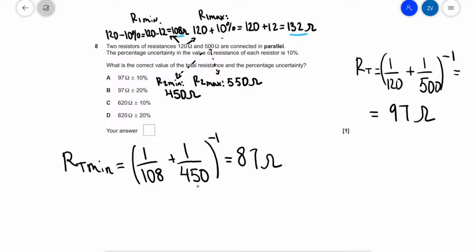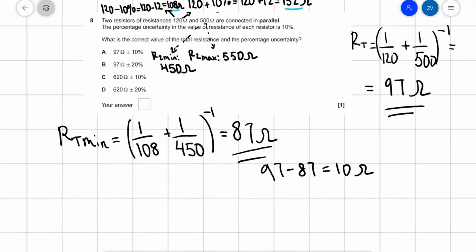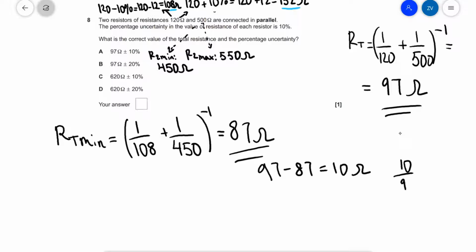Now the minimum value and the total seem to differ by 10 ohms, which is approximately 10% of the value. So 97 minus 87 is about equal to 10 ohms, and 10 over 97 times 100 is approximately equal to 10%. So the answer will have to be A.